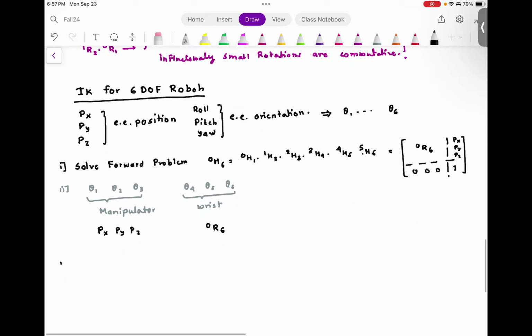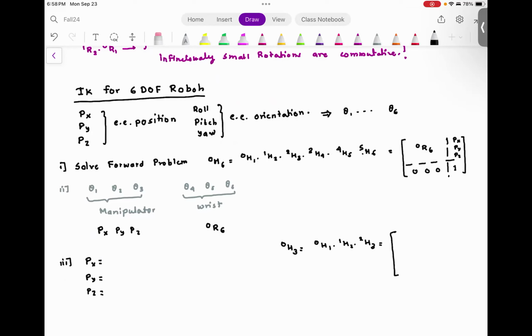Well, the first part is very simple. You have Px, you have Py, you have Pz. What I would do is, I would find 0h3, which is 0h1, 1h2, and 2h3.